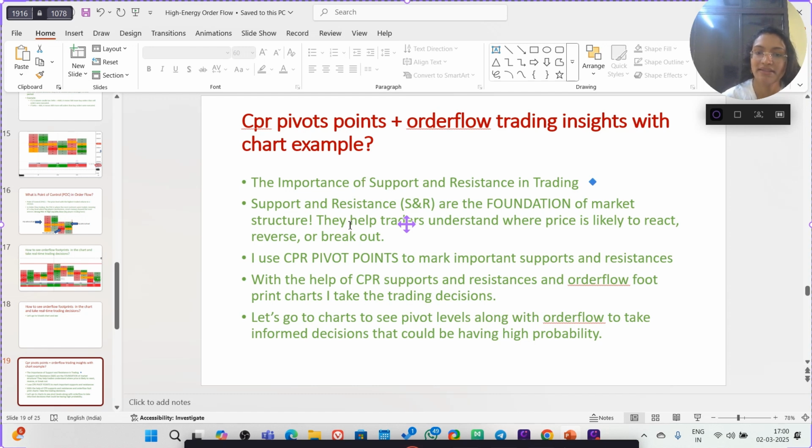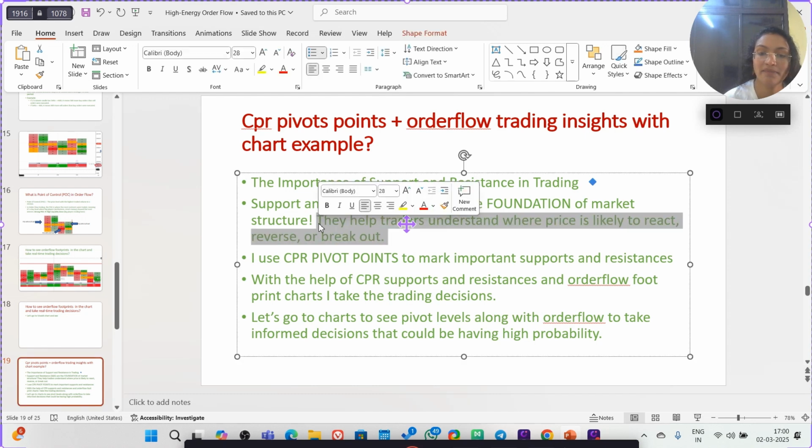They help traders understand where price is likely to react, reverse or break out. All these insights come to me through the CPR pivot points. I use CPR pivot points to mark important supports and resistances. And if you are well aware of marking other kinds of supports and resistances, you are welcome, but you have to check how the price is reacting at your supports and resistances.